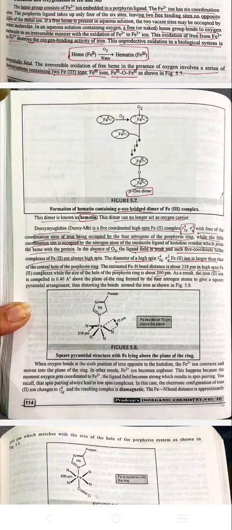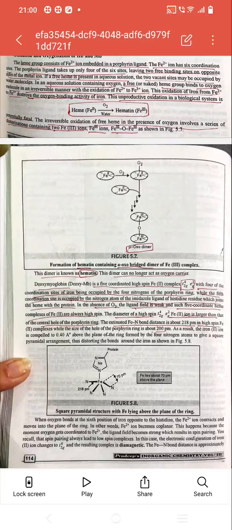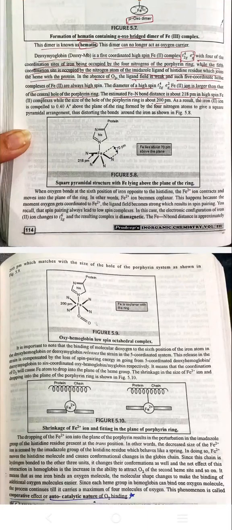Deoxyhemoglobin is a 5 coordinated high spin complex, t2g4 eg2, with 4 of the coordination sites of iron being occupied by 4 nitrogens of the porphyrin ring, while the fifth coordination site is occupied by the nitrogen atom of the imidazole ligand of the histidine residue which joins the heme with the protein.